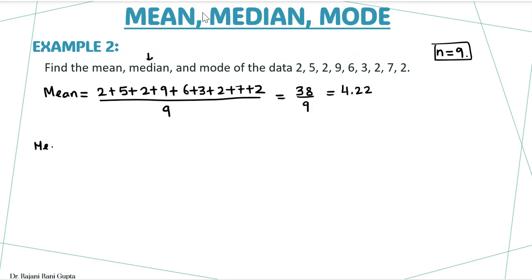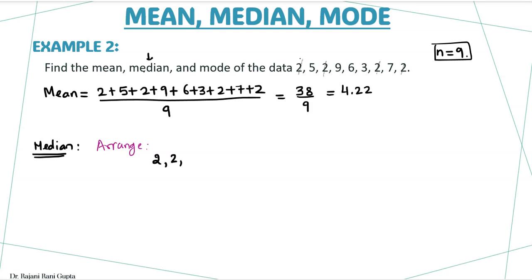Okay. Now coming to the median. For median, what do we need? We need to arrange the data. So let's arrange it from increasing to decreasing order, starting with the smallest number. Smallest number is here 2. Now how many times is 2 repeated? 1, 2, 3, 4. So write 2 4 times.